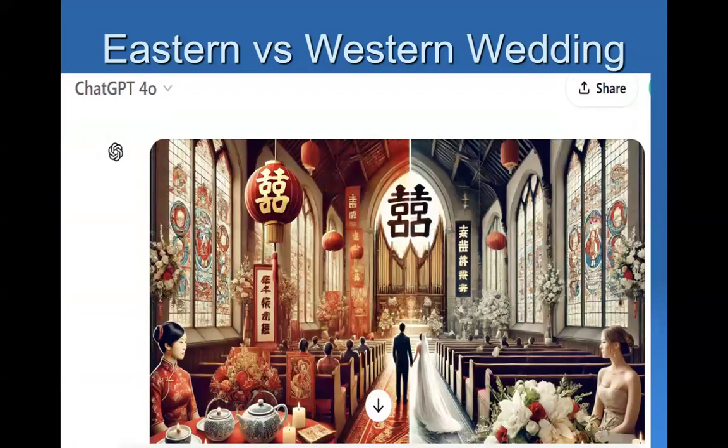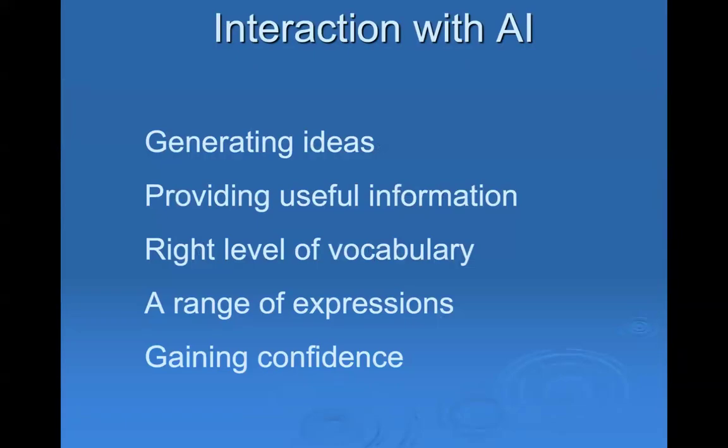After our whole semester working and interacting with AI, students summarize that it is very good at generating ideas and providing useful information, and they say it is much quicker and more useful than Google search and other engines.